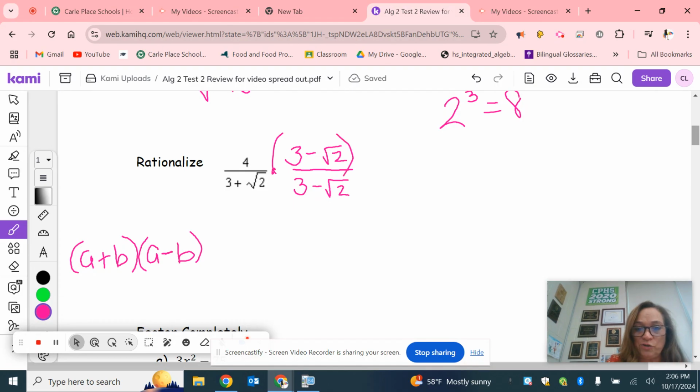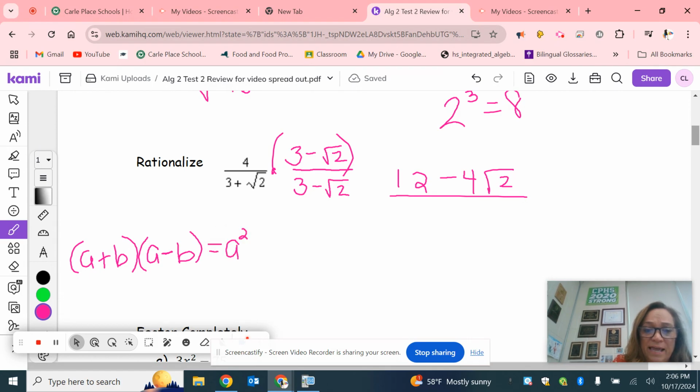This is going to be the distributive property, which gives me 12 minus 4 radical 2 over. And now I'm using this difference of 2 squares idea. So remember, it's equal to a squared minus b squared. So the a is a 3, so a squared is 9. And the b is a radical 2.